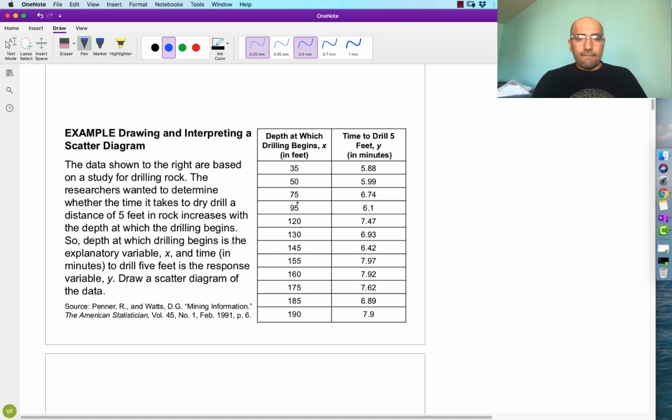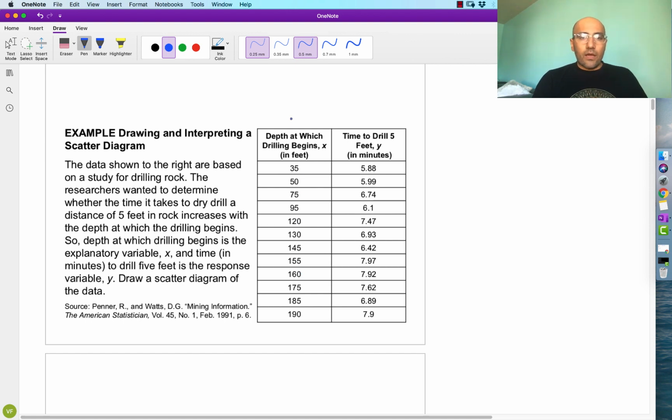Look, at 75 feet deep, it took them 6.74 minutes. And then down at 95 feet, 20 feet deeper, it took them a little less, 6.1 minutes. So it doesn't always strictly go up as the depth goes down, but there's a general pattern that's true.